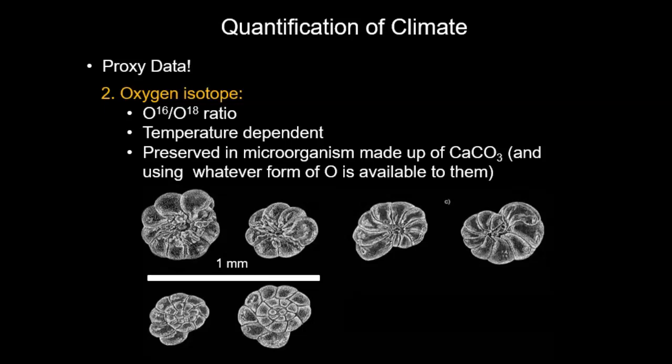Okay, so an organism's hard parts, which again are things such as shells or exoskeletons, tend to be made up of calcium carbonate or of silica at times. Silica is SiO2. These organisms use the available atoms in the ocean waters to make these hard parts.